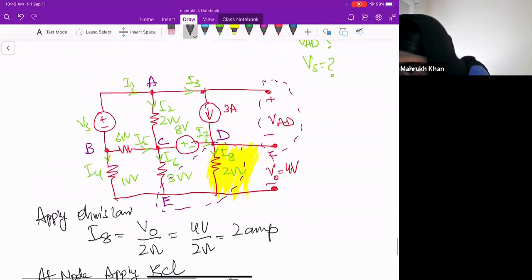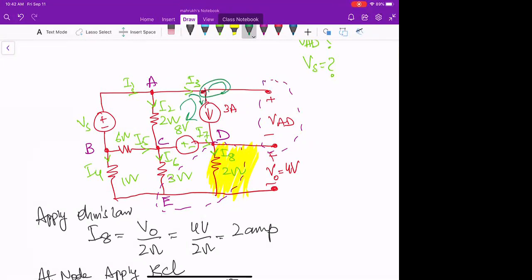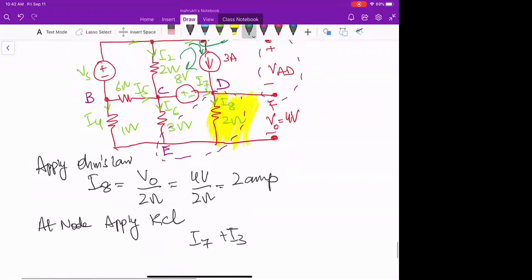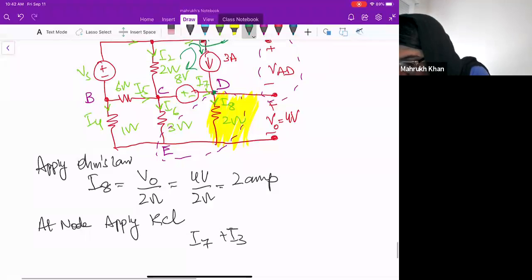This is the same current that is flowing, I3, right? Because there is no more component that is attached here. So the same current I3 is flowing here. So we can just say I7 plus I3 in this node D is equal to I8.